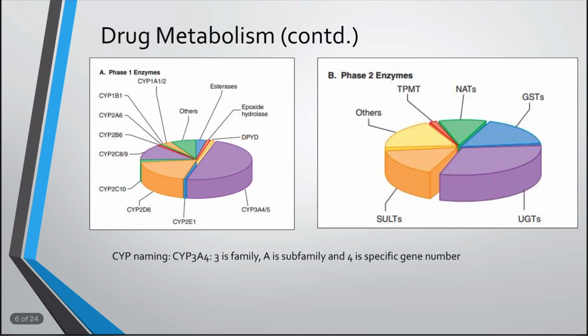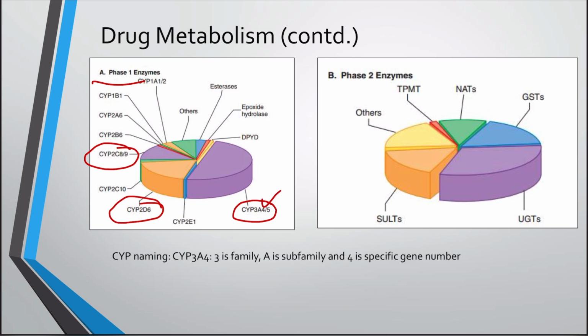Here you can see the different enzymes responsible for phase 1 and phase 2 metabolism. In phase 1 metabolism, CYP3A4/5 is the cytochrome enzyme responsible for the maximum number of phase 1 reactions, followed by CYP2D6, and then CYP2C8/9.